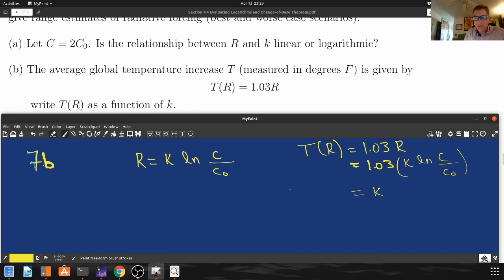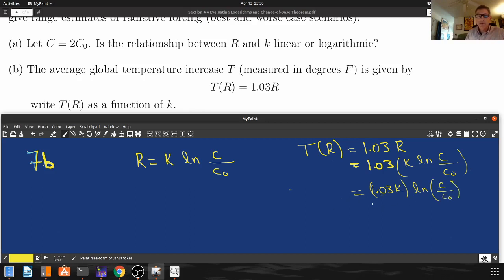I'll put the K in front, but remember K is a constant. We don't know what it is, but it's some constant. It's not a variable. That's 1.03 K, which is some constant, times the log of C over C naught.